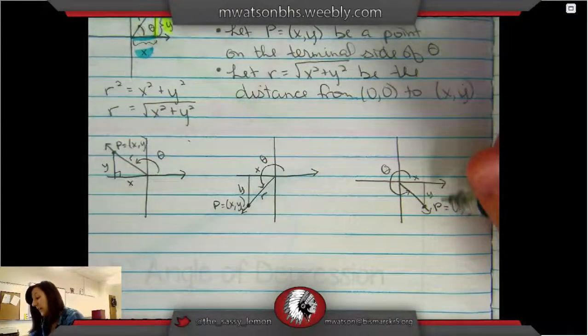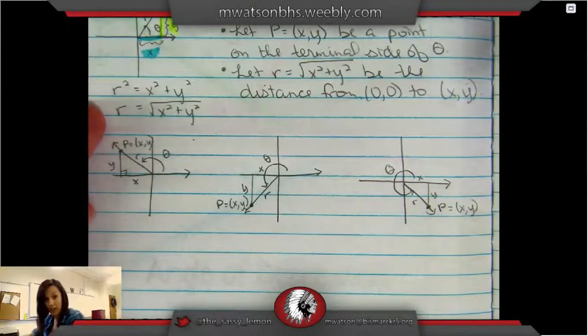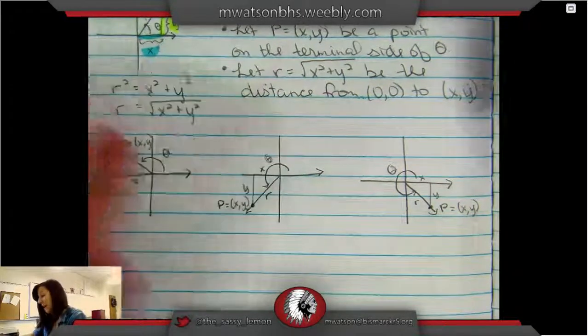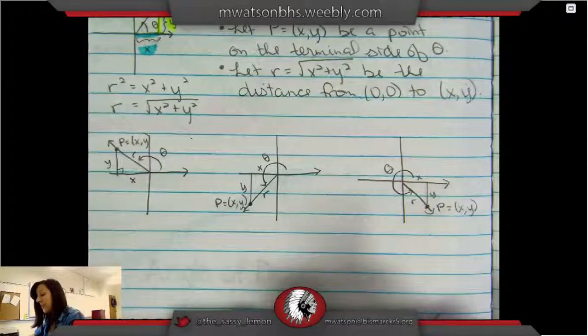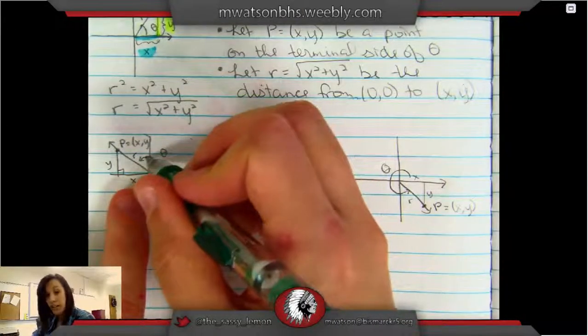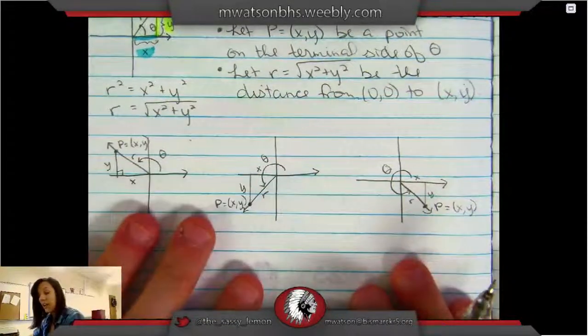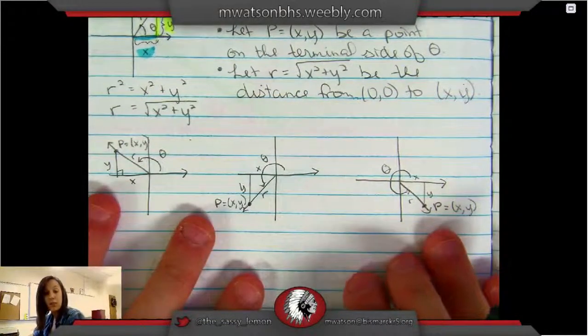If we know the height and the base of the triangle, we can calculate r using the Pythagorean equation that we have over here. So, even though these angles are bigger than 90 degrees, all 3 of these are, we can use these triangles to help us find the trig ratios.